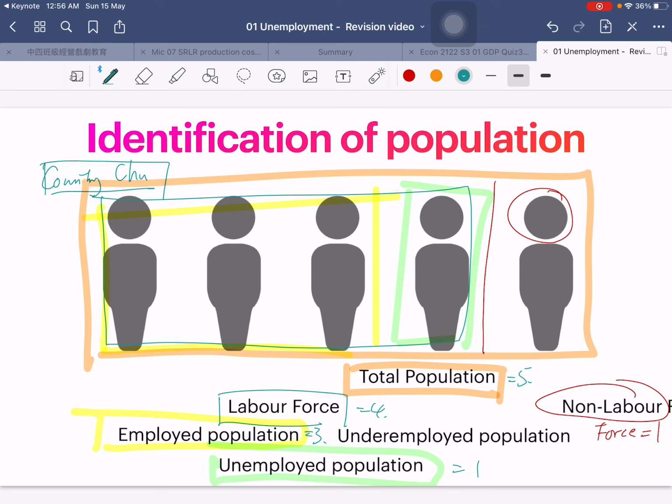So in this case, we find all 5 people have their own name, right? But unluckily, there's still one more case. Among the 3 people who are employed, some of them may not be so lucky, because even though they can find a job, they want to work more. However, they cannot.